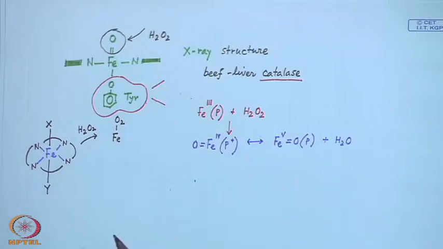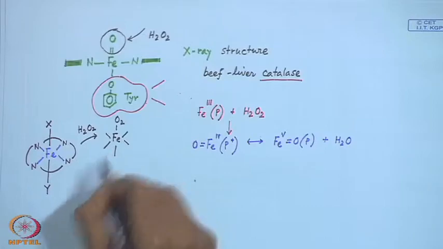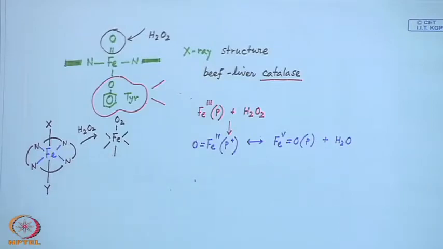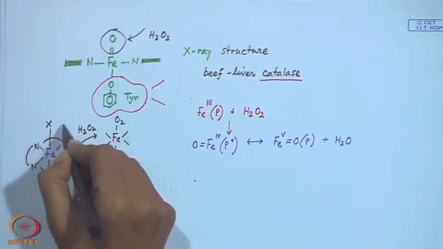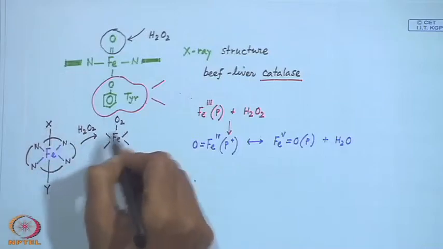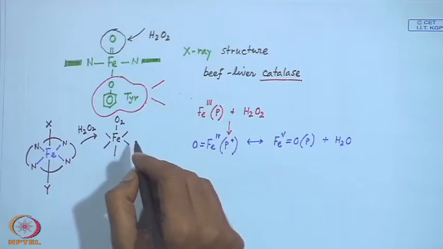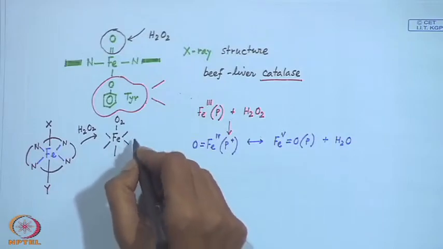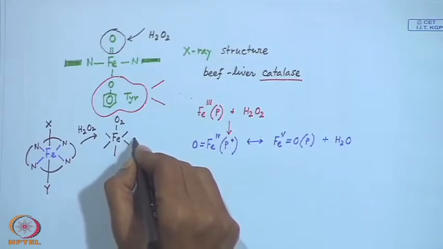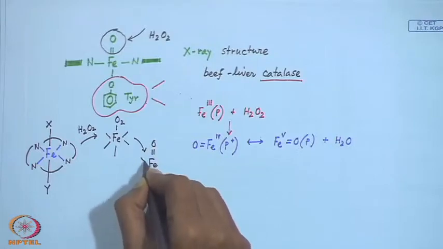at an intermediate point it can react with O2. So, either the vacancy over here, or any loosely bound water molecule or any other solvent molecule on this position, can be replaced by your hydrogen peroxide, and it gives you some species based on your interaction with peroxide, and then it can go to your Fe oxo form.